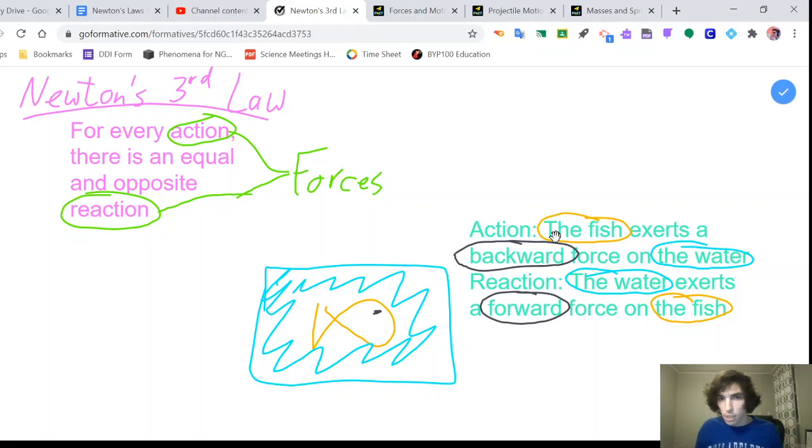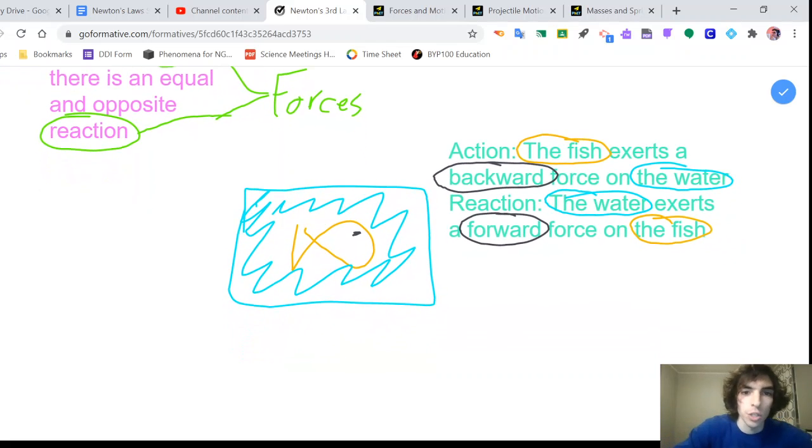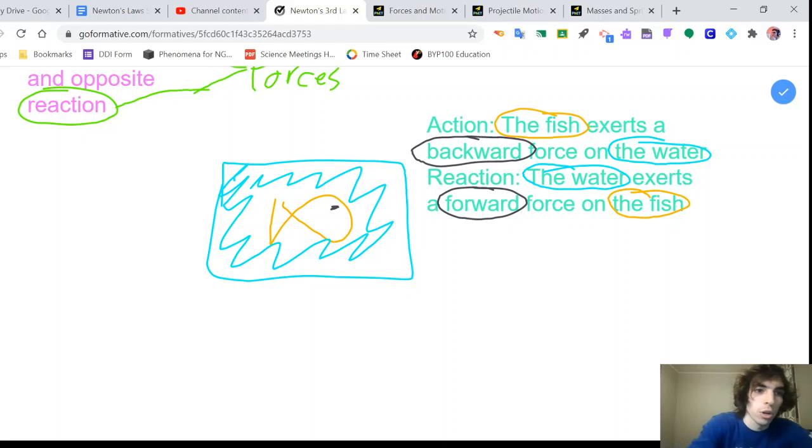It would be pretty easy to write these action-reaction force pairs for any force in the universe. The hard thing with Newton's third law is figuring out which force pairs are relevant, or identifying less visible force pairs than what we see when a fish is swimming, where it's pretty easy to see a fish pushing backwards on water.